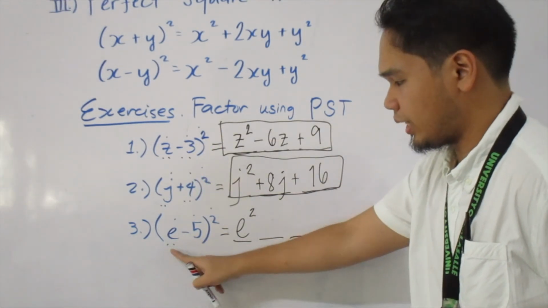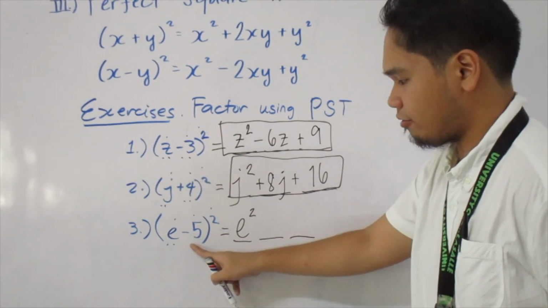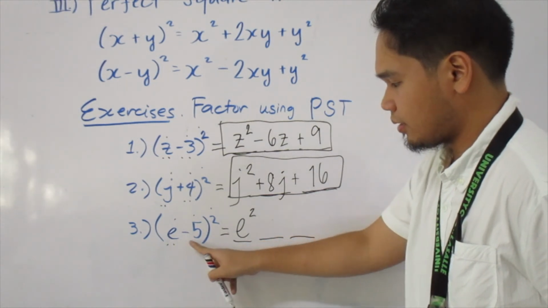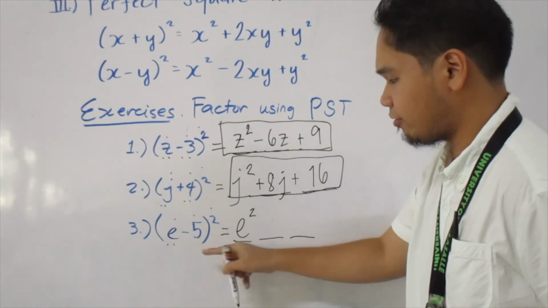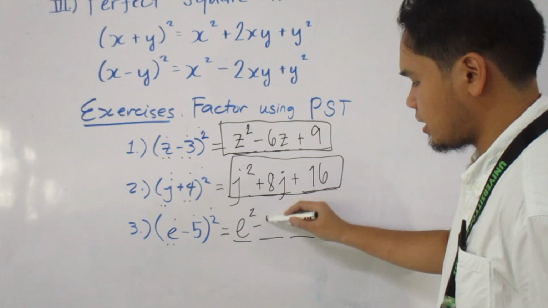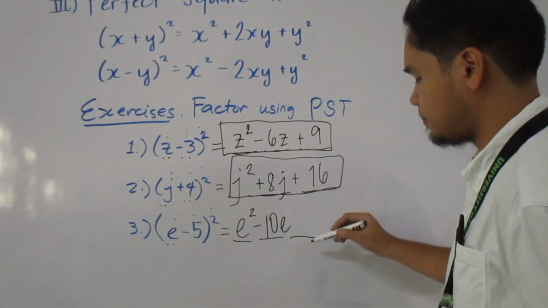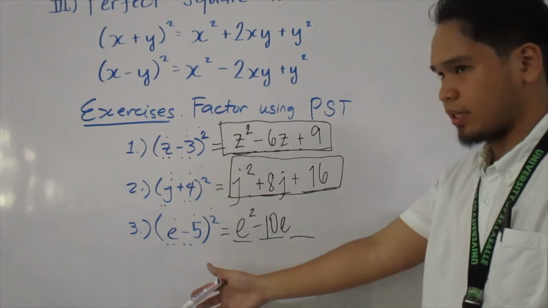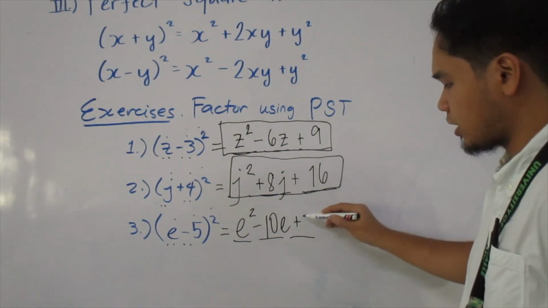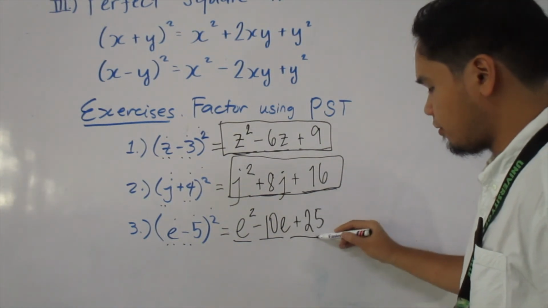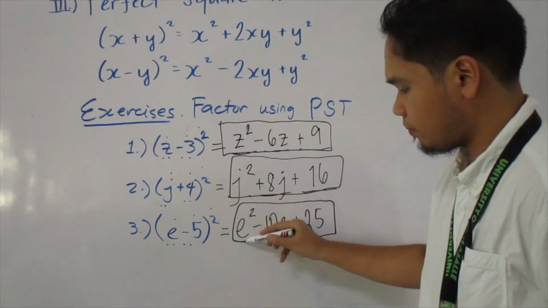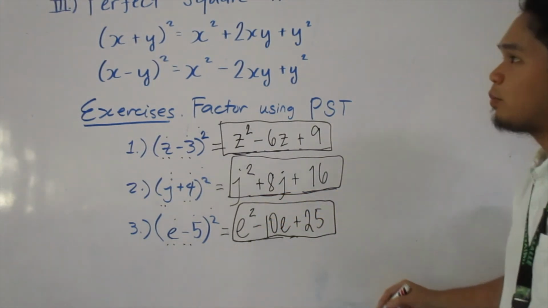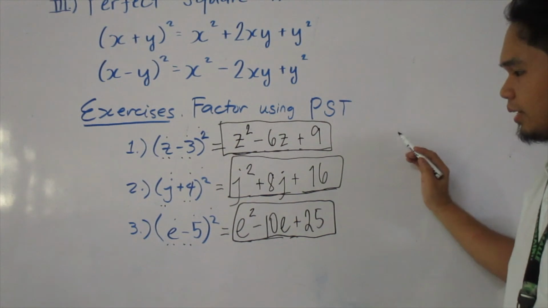So e times negative 5 is negative 5e multiplied by 2. That's negative 10e. So minus 10e. And for the last term, negative 5 times negative 5, both are negative, so that's positive 25. That ends the perfect square trinomial exercises.